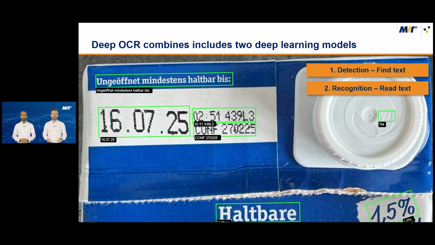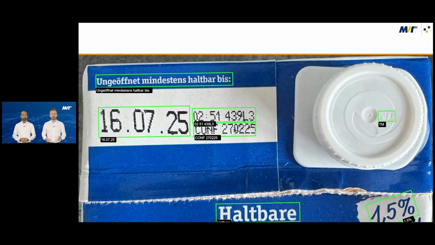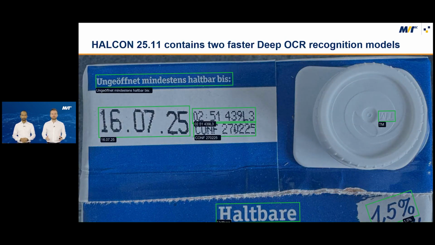There have been various improvements in recent years. And with this release, we are releasing 2 new models for the Deep OCR recognition, so for the text reading. And this time we really had speed in our minds. We wanted to make our Deep OCR faster.